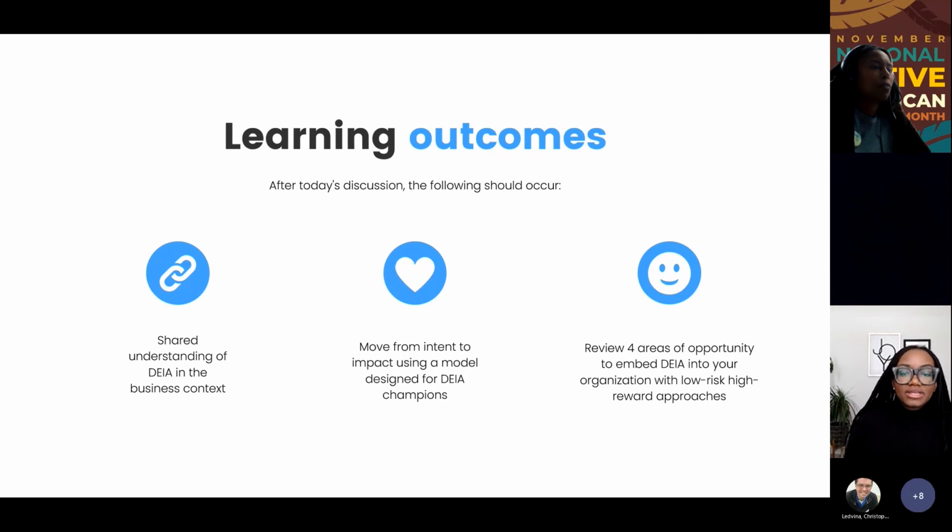Next, I want to talk about how we can move from being intentional about diversity, equity, inclusion, and accessibility to actually making an impact with a model that I designed. After that, I want you all to review 4 areas of opportunity to embed diversity, equity, inclusion, and accessibility into your organization with some low risk, high reward approaches.